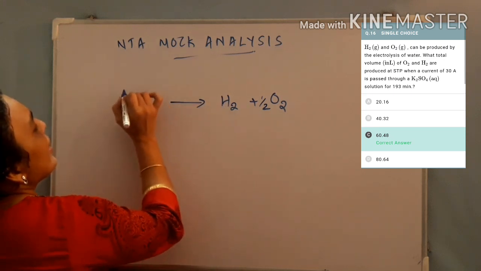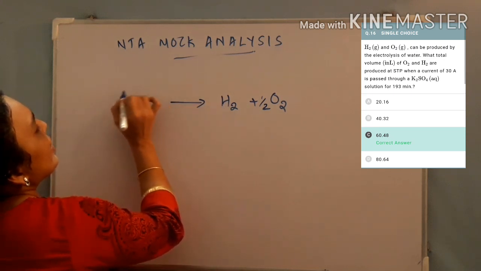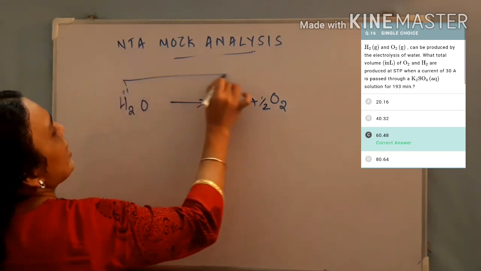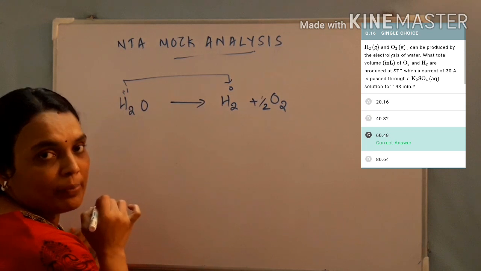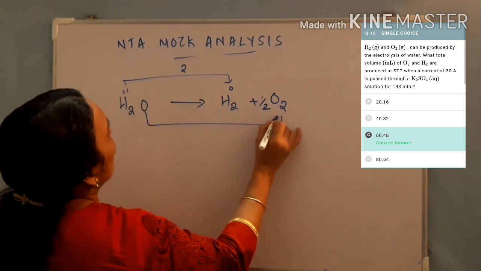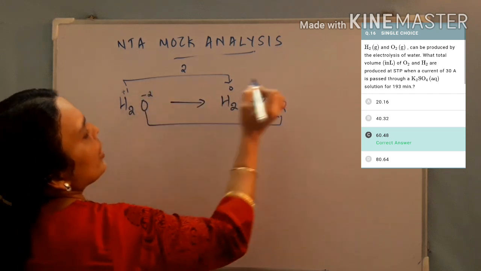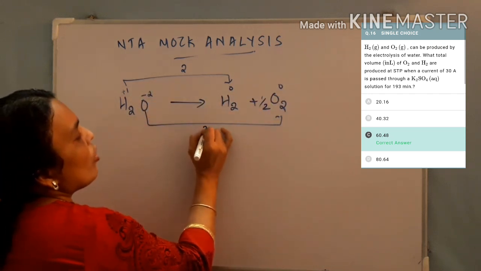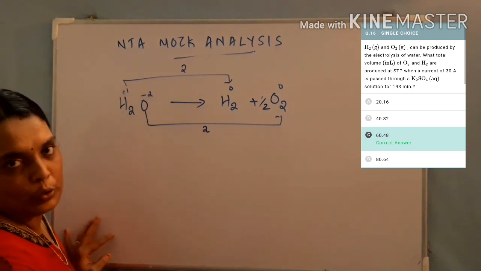In the case of hydrogen, it goes from plus 1 oxidation state to 0 oxidation state, so the number of electrons participating is 2. Similarly for oxygen, it goes from minus 2 to 0 oxidation state, so the number of electrons is 2.